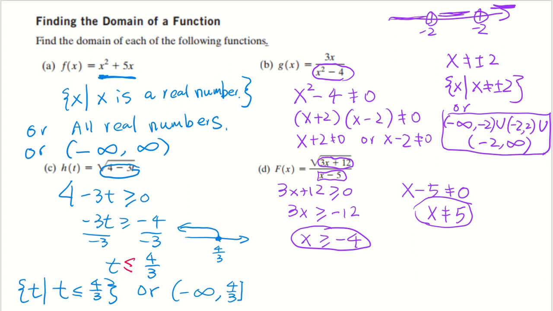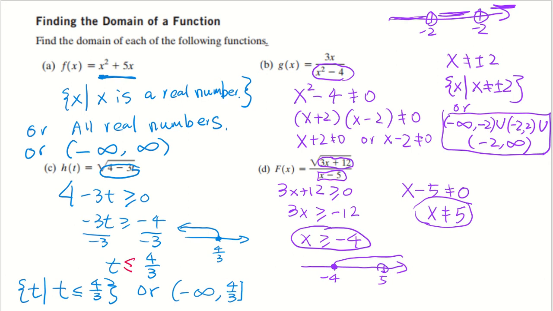All right, so for our domain, let's draw a graph to help us understand the situation. So this is negative 4. It's all x that is greater than or equal to negative 4. So from negative 4 to infinity, but x cannot equal 5.